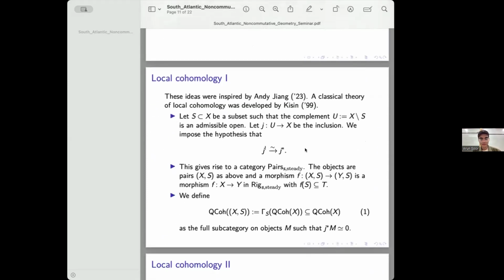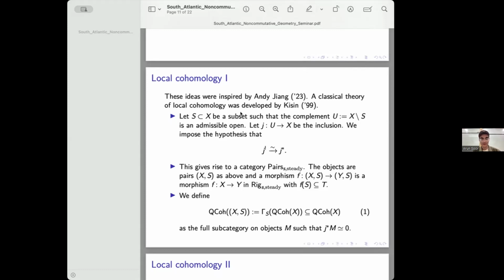One important and useful operation to do on quasi-coherent sheaves is local cohomology. These ideas were inspired by work of Andy Jiang, and there's also a classical theory of local cohomology for rigid spaces, which was developed by Mark Kisin.